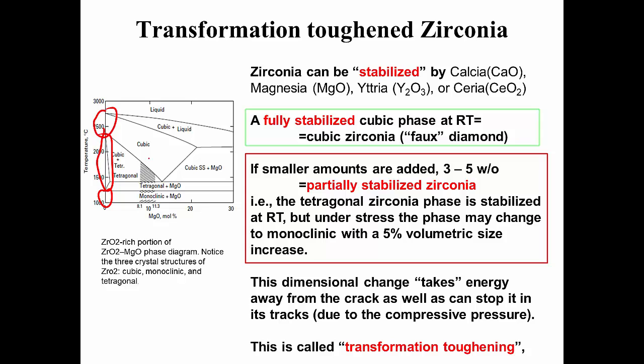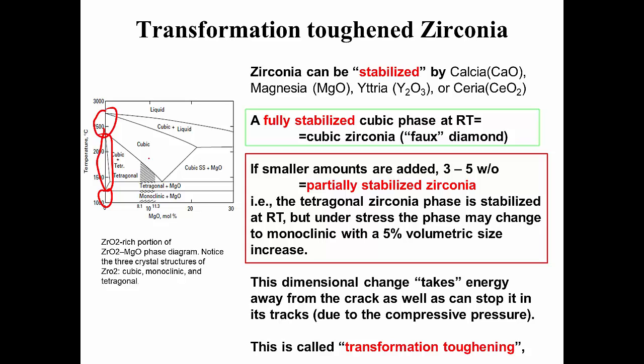Now, if you add a smaller amount of some of these phases, you have what's called partially stabilized zirconia, in which you can process the material so that it is still primarily cubic zirconia, but with precipitates below a certain critical size that have tetragonal structure. So you have the cubic phase and tetragonal precipitates.